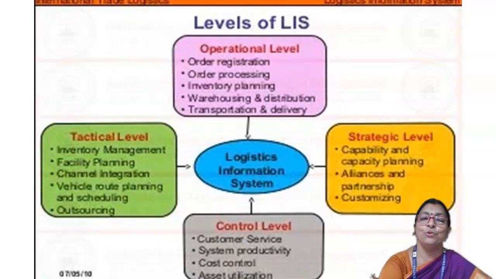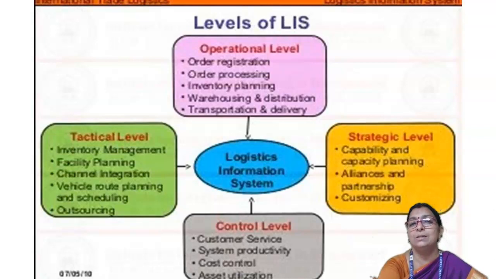We do have two more activities under our tactical level. The next one is outsourcing. This is an area for tactical decision for which the logistics information system provides information on the current productivity level and operating cost of keeping logistics operations in the organization.